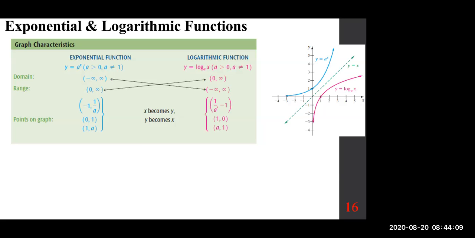The only thing I want to make a point of is that a is larger than 1, because first of all it can't be 0, and then, I'm sorry, it can't be 1, my apologies. And if it's between 0 and 1, the graph looks different. It flips over. So we don't want to mix them up.